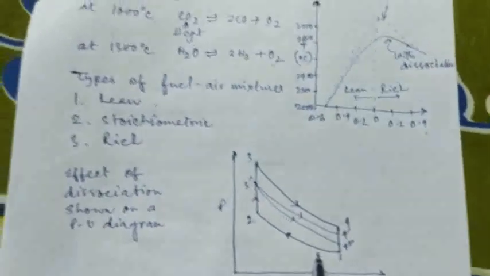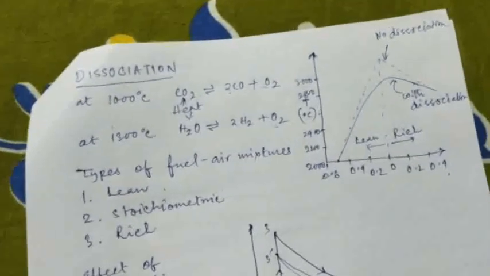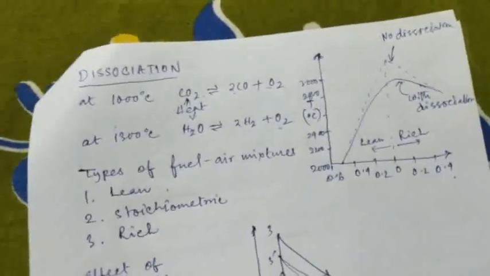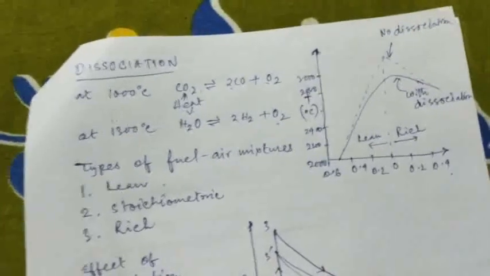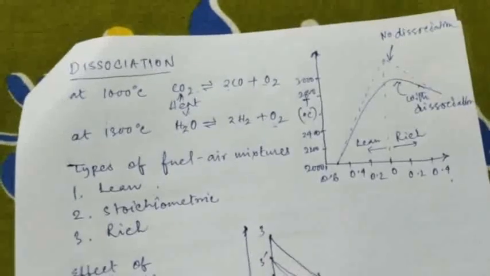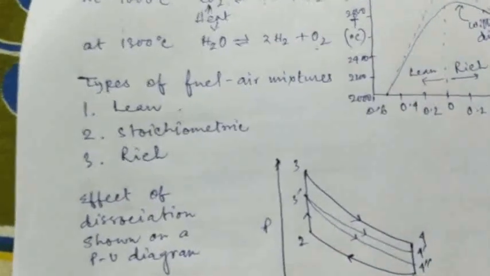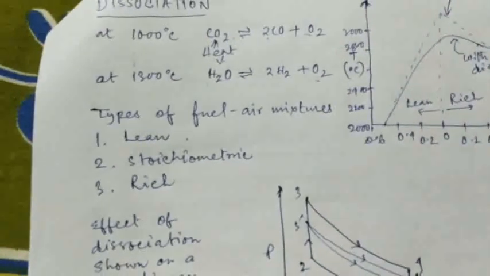So whenever there is dissociation at high temperature, these products break into other molecules and take some heat inside. What does it mean? Whatever heat we are adding in the cycle will be reduced by this dissociation process.